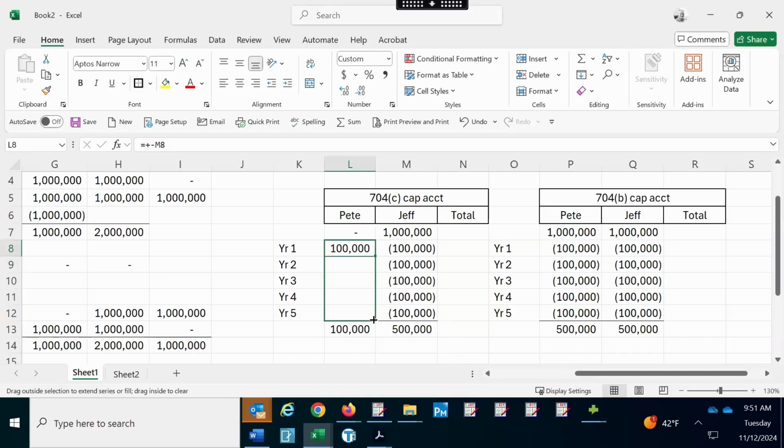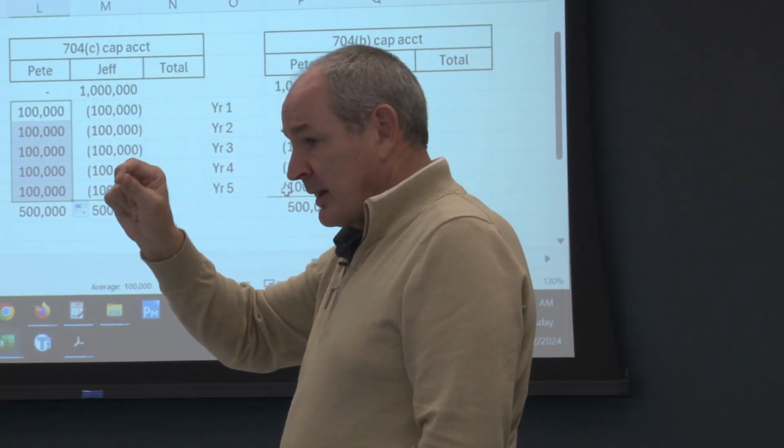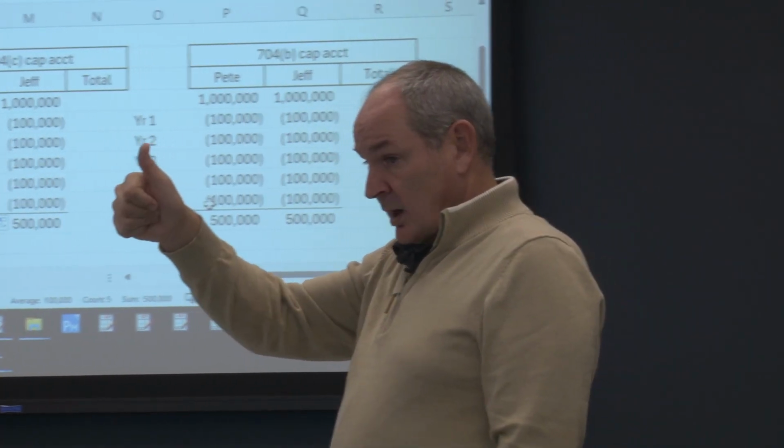Would it be to jam Pete with $100,000 of income? So Pete's going to get a K1 with $100,000 of income on it. Jeff's going to get a K1 with $100,000 of expense, and those two are going to zero out because 100 of income to Pete, 100 of expense to Jeff is 0. That's exactly under my very bad, fictitious fact pattern of no dollars of income, no dollars of expenses. Gets us back to 0.